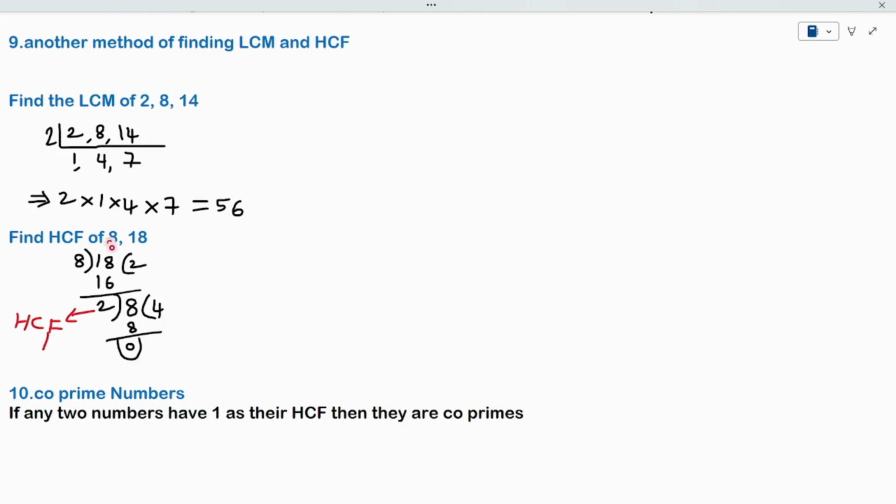We continue this process until we get remainder 0. Where we get remainder 0, that divisor will become the HCF. Here the HCF of 8 and 18 equals 2. If any two numbers have HCF as 1, then we can say they are co-prime numbers.